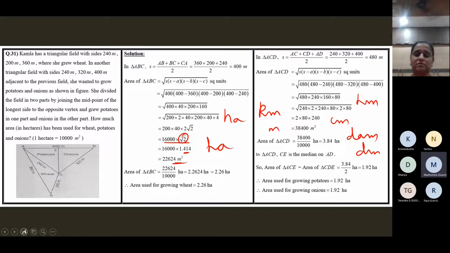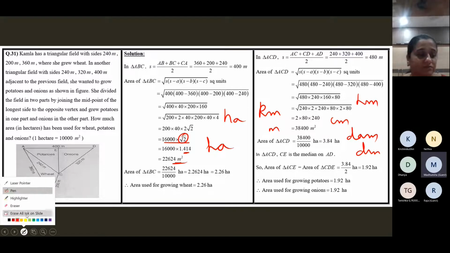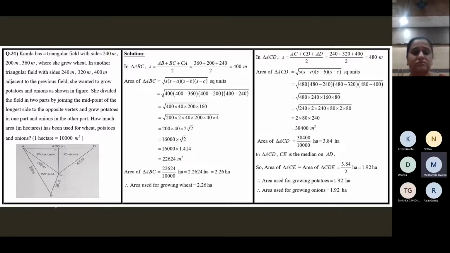Ma'am, can we take 1.414 as an estimate value, like 1.4? No, actually that information will be given in the question. Take root 2 as whatever is given. But if nothing is given, we mostly take up to 3 decimal places. For root 3, we say 1.732.